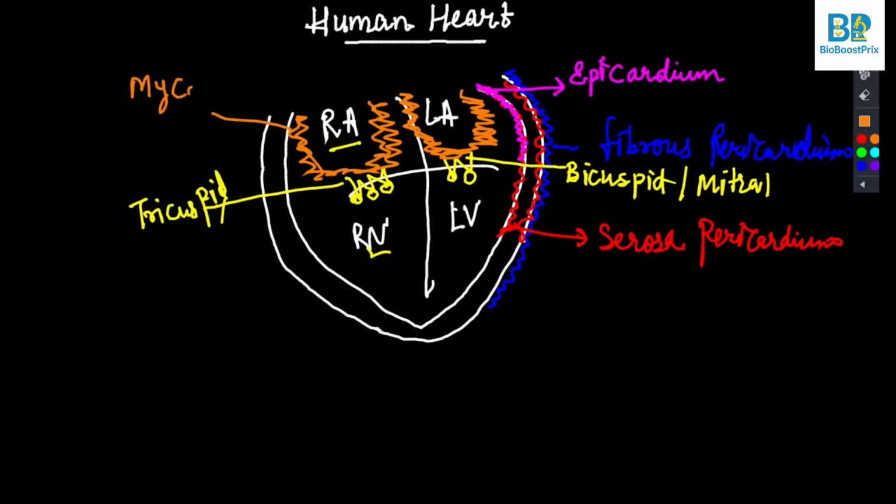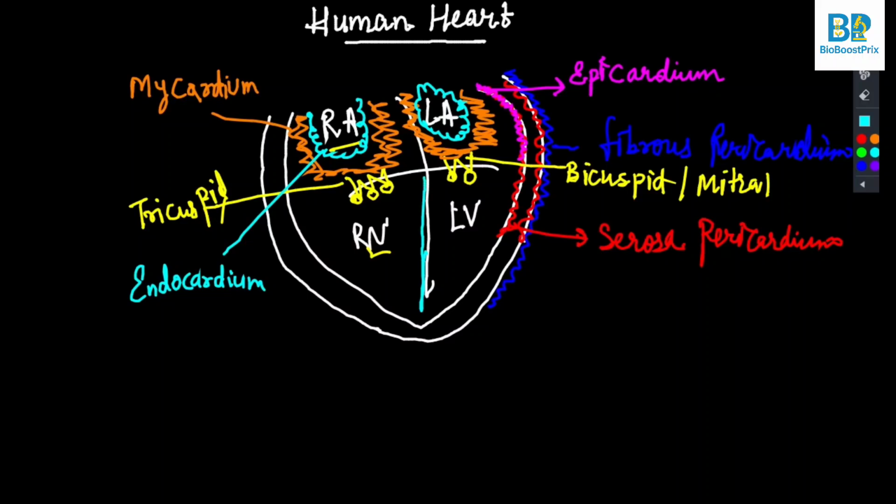So epicardium, myocardium, and then the internal layer is called the endocardium, which I will show with this light blue color that I'm drawing. This central line of division is called the septum, which divides the heart into left and right.